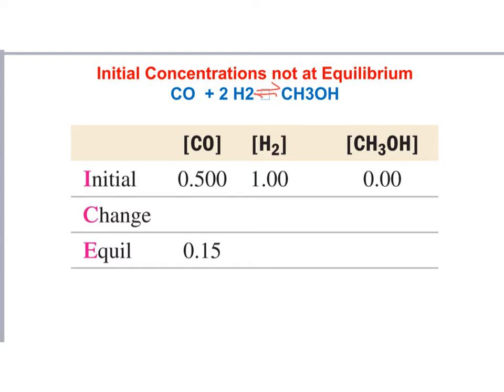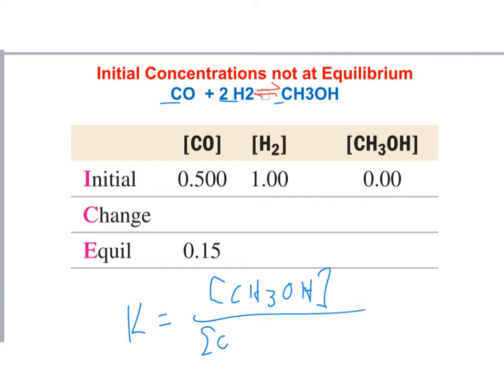There's stoichiometry involved here because, remember, we said we had to know what these numbers were for each, because we know that K is equal to the concentration of products, CH3OH, over the concentration of reactants, CO, to the first, and H2, to the second.